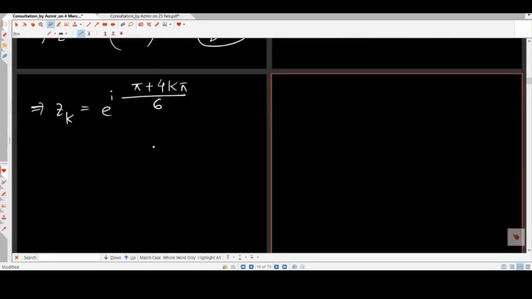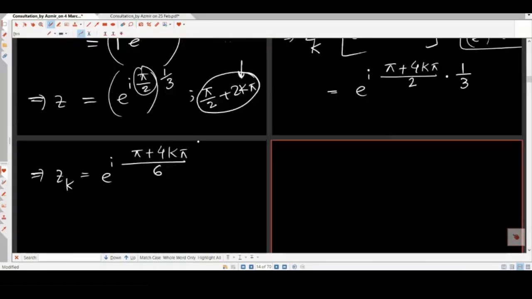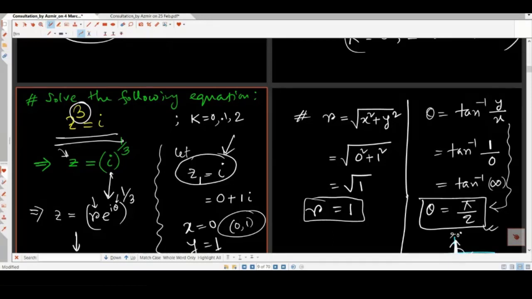We have found all the solutions, that is zk. Now we need to input k equals 0, k equals 1, k equals 2, like this. So now we have to check how many solutions we will have. So there will be 3 solutions. So we can start from always 0, that is k equal to 0, k equals 1, k equals 2. You can also start from k equals 1, then k equals 2, then k equals 3.